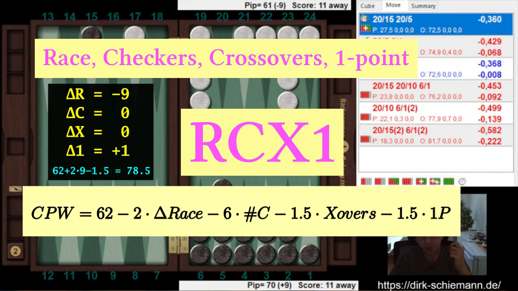Looks a little scary this way, but those are just the familiar building blocks of good old Thorp. Delta race is the pip count difference, delta checkers is the difference in number of checkers for each side, delta crossovers, the difference in crossovers, and delta 1 point is the difference in checkers on the respective 1 points.